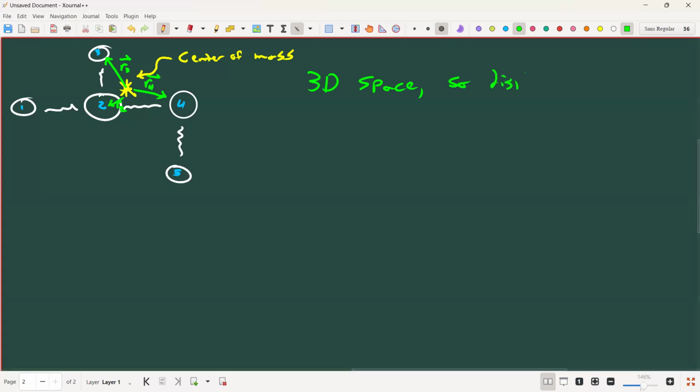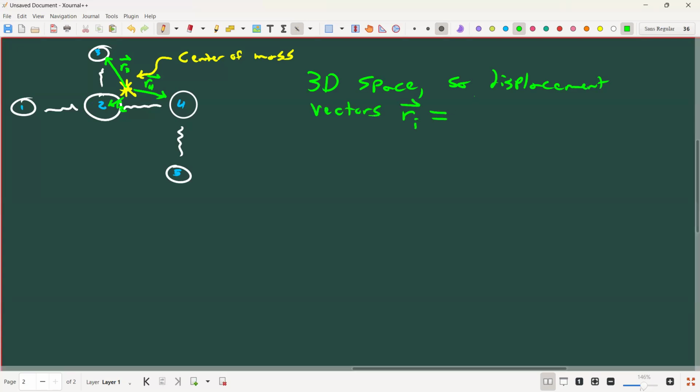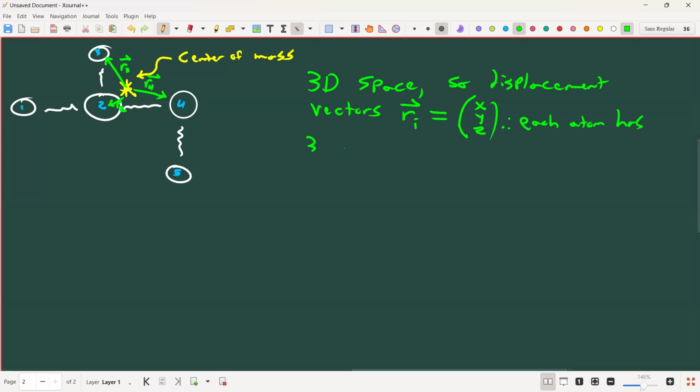So displacement vectors R sub i are just vectors in XYZ space. Therefore each atom has 3 independent coordinates.